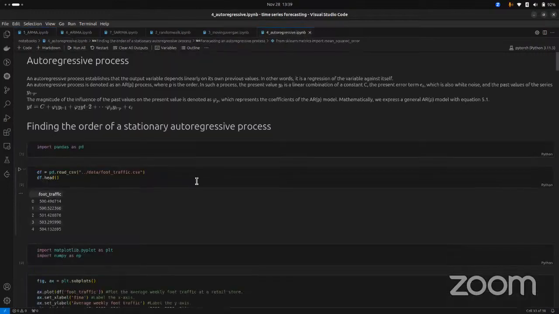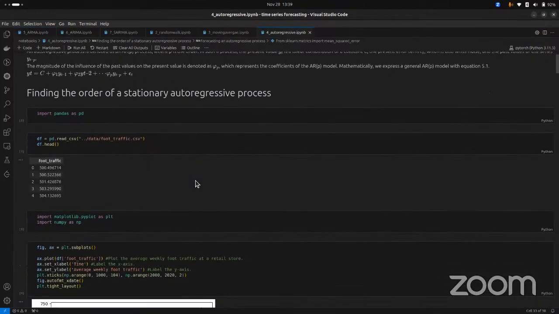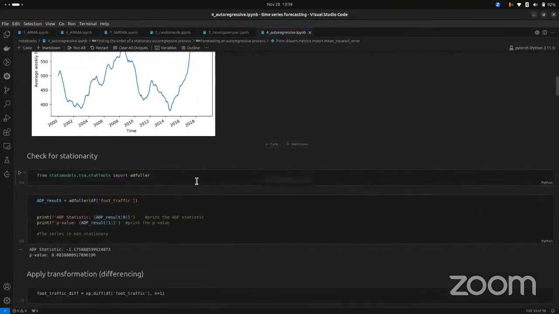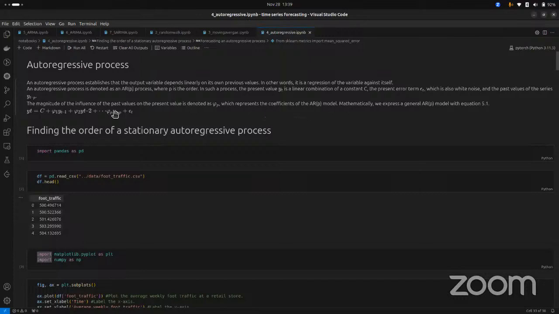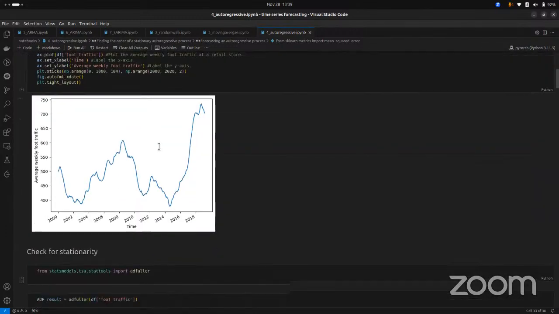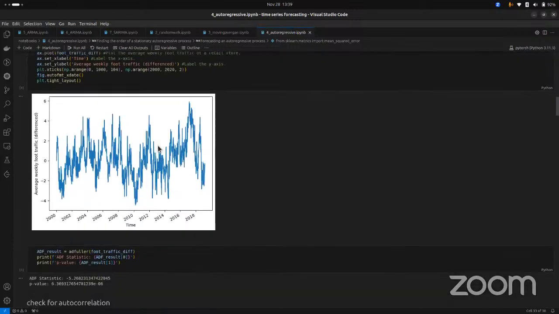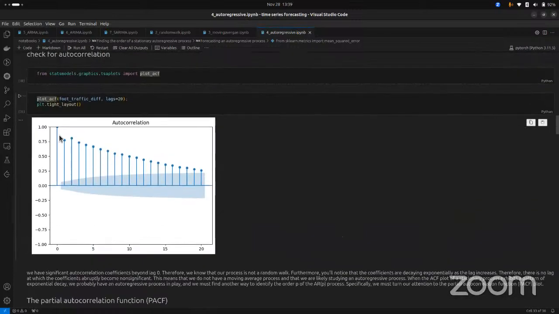Now I'm going to do a recap. In the autoregressive process, the formula depends on past values, right? And so if you plot the ACF, you will get something sloping down.